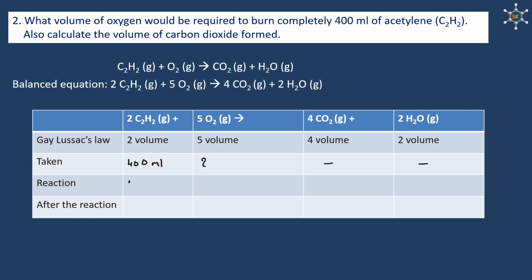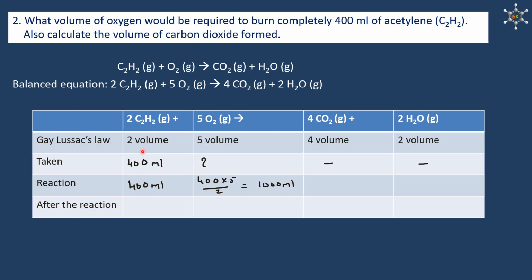For 400 ml of acetylene, the amount of oxygen needed has to be calculated using the unitary method. For 2 volumes of acetylene, we need 5 volumes of oxygen. So for 400 ml of acetylene, how much oxygen is needed? 400 multiplied by 5 divided by 2, that would be 1000 ml.